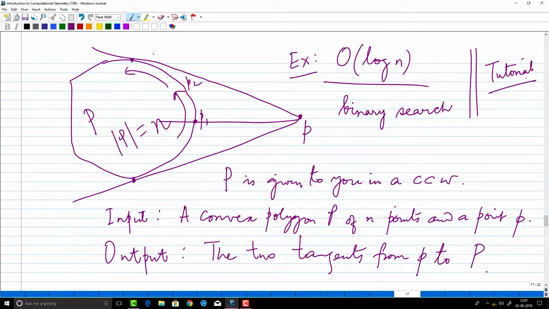So, I do not give you the proof just now, we will do it in tutorial, but for now believe that given a convex polygon in a clockwise or counterclockwise order and a point P, I can compute these 2 tangents in order log n time. The only thing you should appreciate is, if I have to do it in log n, I cannot do the computation at all points of this polygon, right.